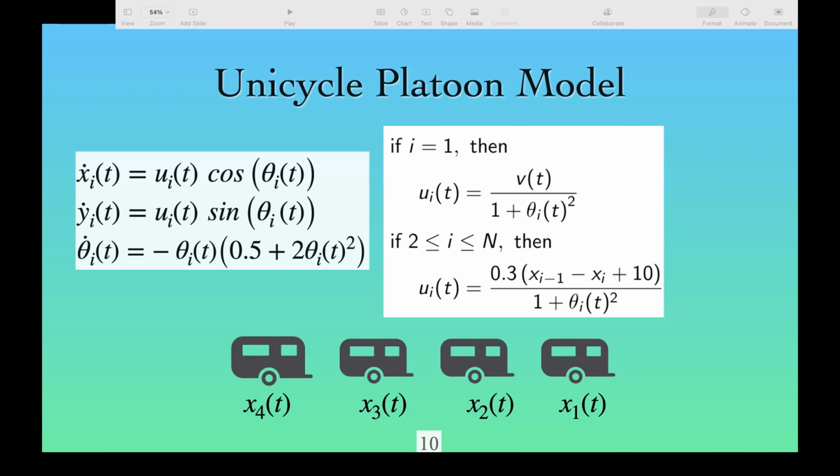For the first unicycle, I allow an open loop input of v_t. So as you can see, this is highly nonlinear because there are trigonometric functions as well as inverse functions.